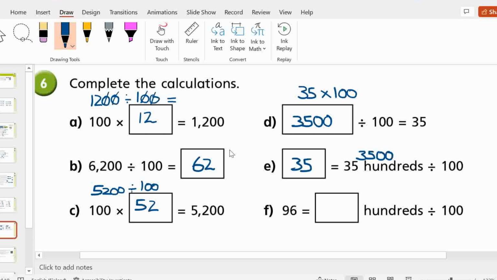Okay, 96 equals how many hundreds divided by 100? Okay, so yeah, basically you need to do 96 times 100 because we're going backwards. What would that give us? Yeah. And because we have the hundreds written here, we just write 96. Okay, because that gives us our hundreds.